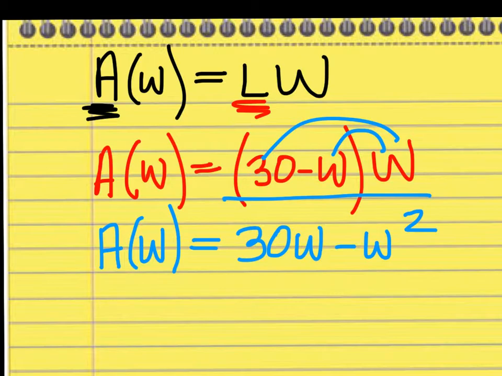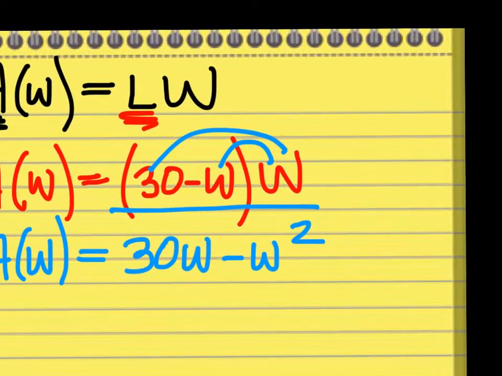Now think about all the quadratic equations that we've looked at over the last 2 weeks. They all started with what term first? Not the B term. The squared term. Whatever term is squared comes first.